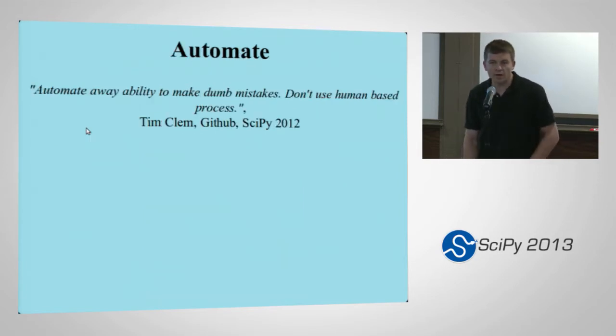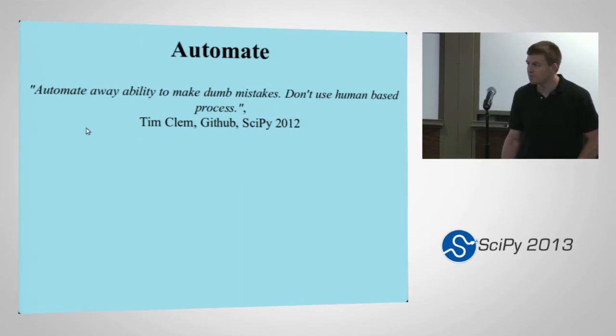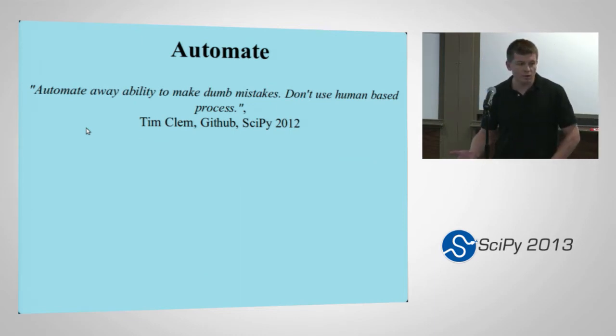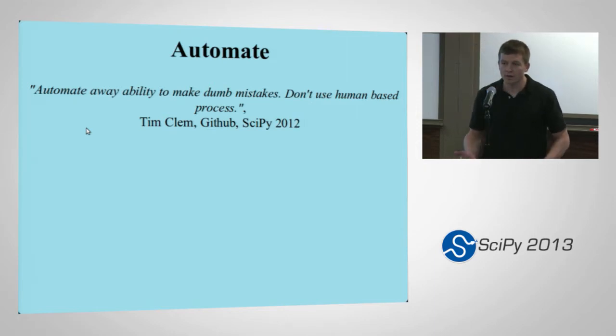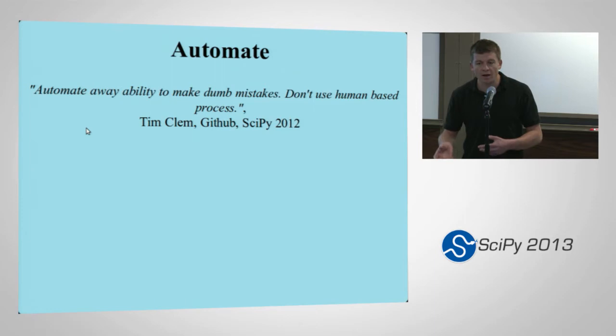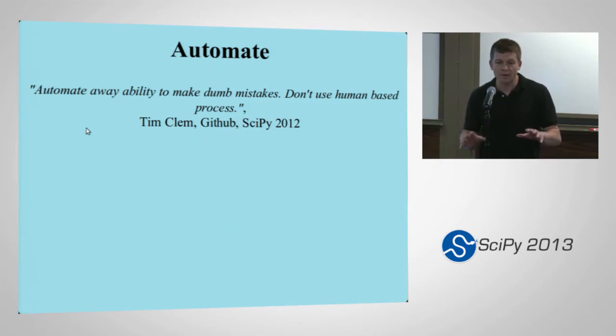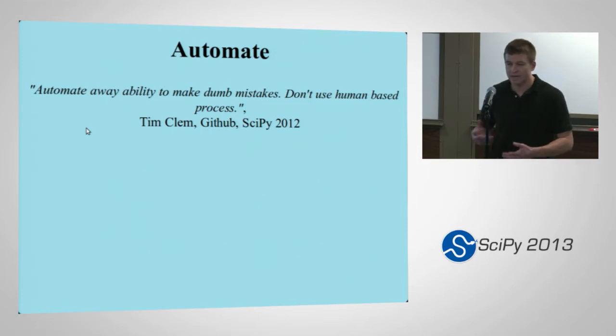So if you were here last year, you may have seen Tim Clem's talk. He really emphasized the importance of automation in what happens at GitHub, and how they've sort of replaced all their human-based process with automated process because of the mistakes they'd found.